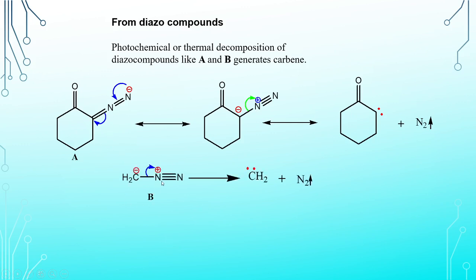Again, this is also a diazo compound, and after the removal of the N2 gas we get the carbene. Same as this. So from the diazo compound we can prepare the carbenes.